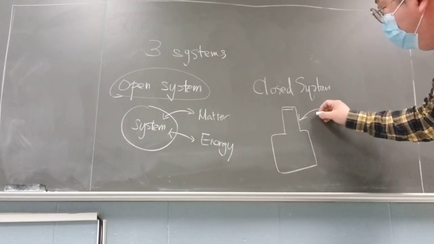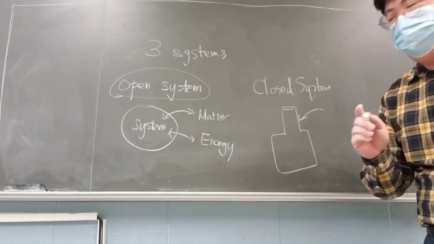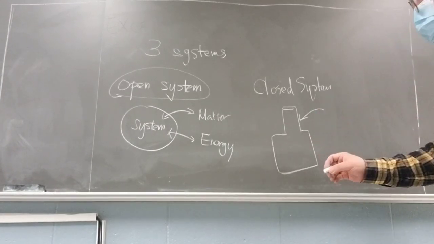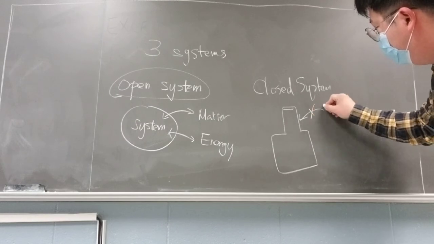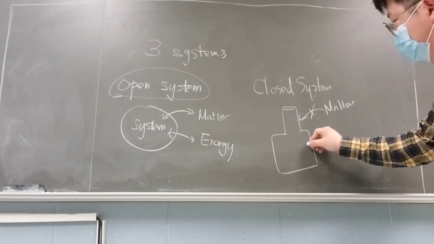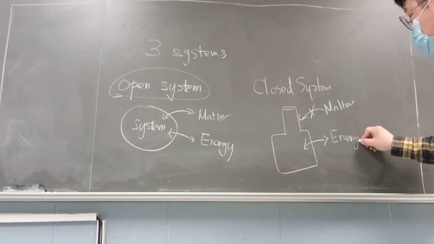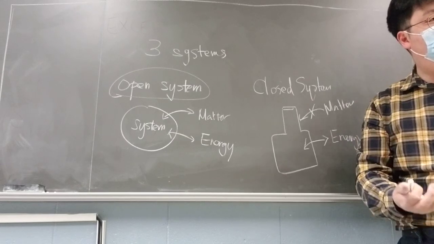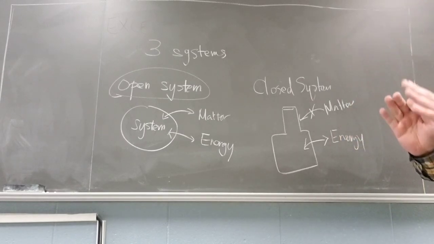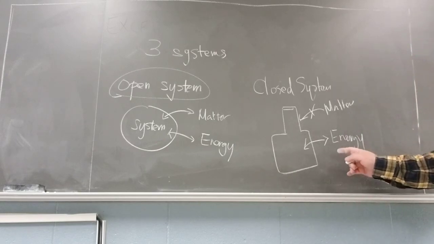So nothing can go in here, but you can still do heating, right? You can still heat the sealed bottle. So you cannot change the amount of matter inside, but you can change the amount of energy inside by just heating it and cooling it, or putting a light on it. Okay. So this is a closed system.